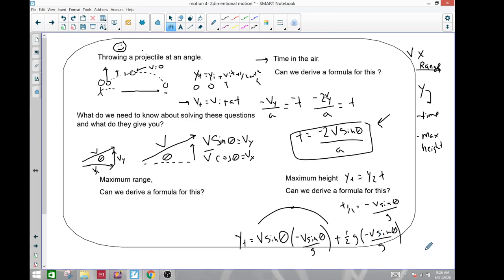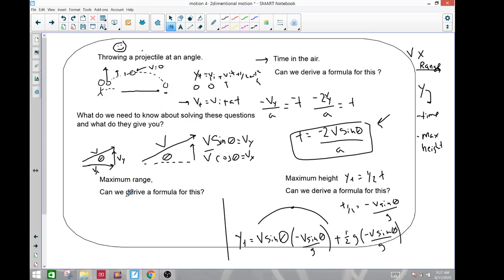Okay. All right, let's plug in for maximum range. Maximum range is going to use the x component. The time in the air still is the same, and I want the whole time until it hits the ground.